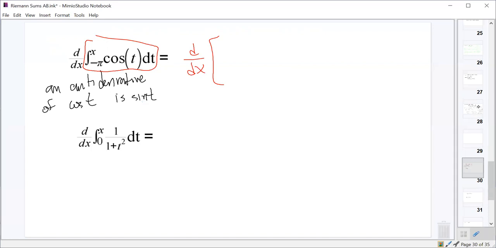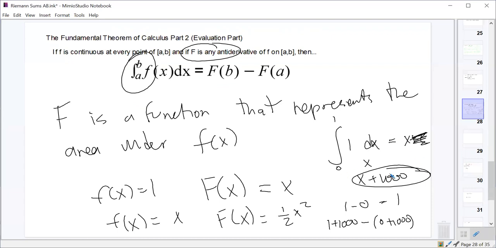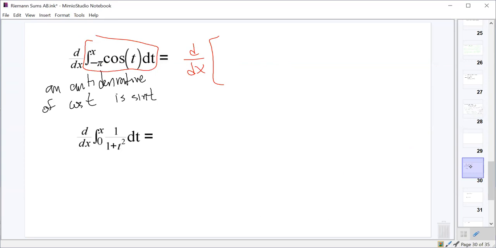But just like we saw a minute ago with the definite integral, we don't need to put the constant on because it'll just disappear when we do the subtraction. So this ends up being the sine of x, because we're going to evaluate it at the upper limit, minus the sine of negative pi, because we're going to evaluate it at the lower limit. Everybody good with that?